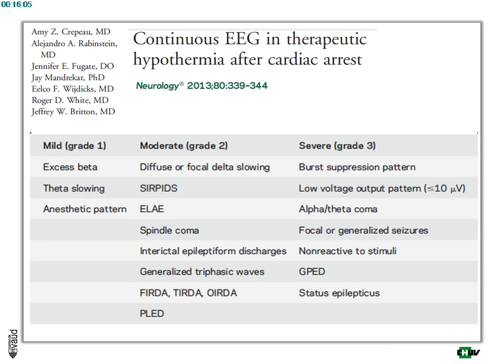So, electroencephalogram: it's a review of how you can use EEG. There's the EEG that you see, that you record, with grades of gradual slowdown, and you can score the severity.